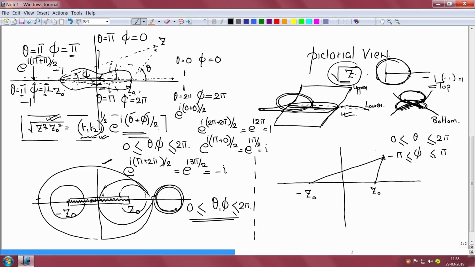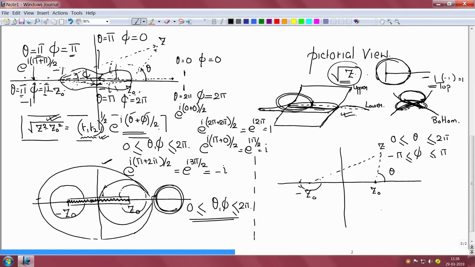So let me again make it light, because there will be a lot of writing here. So z is here, and this is my z minus z0, and this is my z plus z0, that is over here. Again we measure theta from 0, and phi is minus pi, phi is 0 here, and phi is pi over here.